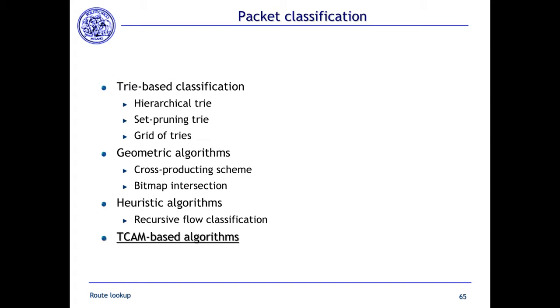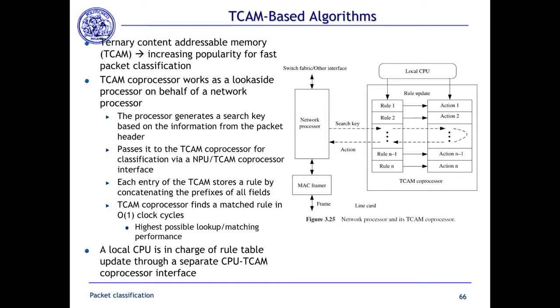This is something that we have already seen when talking about IP address lookup, and the TCAM works very similarly. At the core of this hardware implementation, we have the TCAM, where we store the rules, the regular expressions, and then we have a RAM where we store the actions.